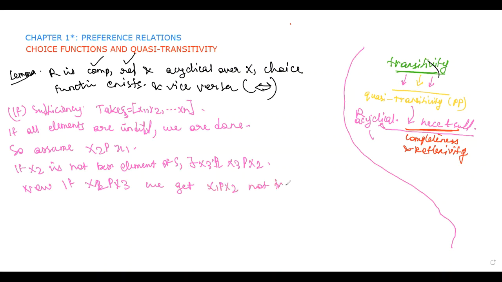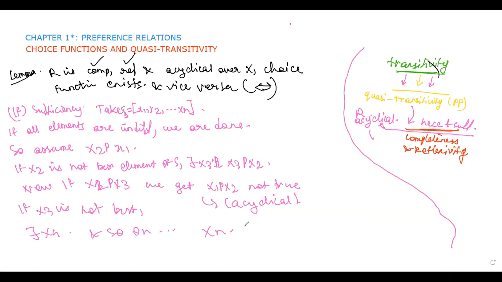Why do we get this? By acyclicity. Similarly, if x3 is not the best element of S, there exists x4, and so on, till we reach xn. If at any stage we get that it is a best element, that's true.